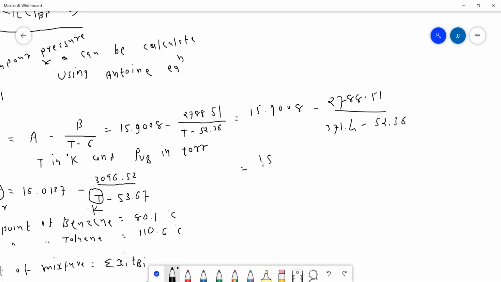If you calculate this, then you will get 7.16.